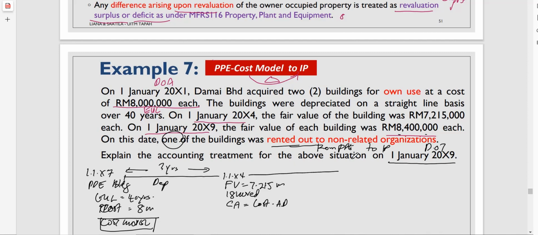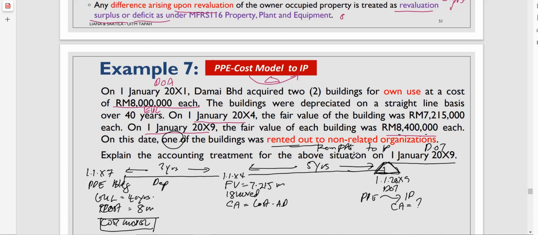And then on 1st of January X9, which is another 5 years, you have decided that the building will now be transferred. This is the date of change in use, DOT, where the PPE will be transferred to become IP. So you need to find out what is the carrying amount here.